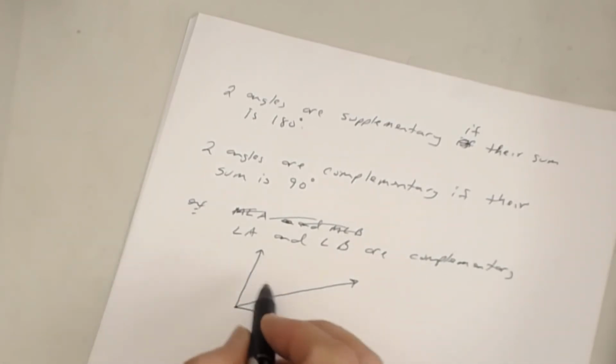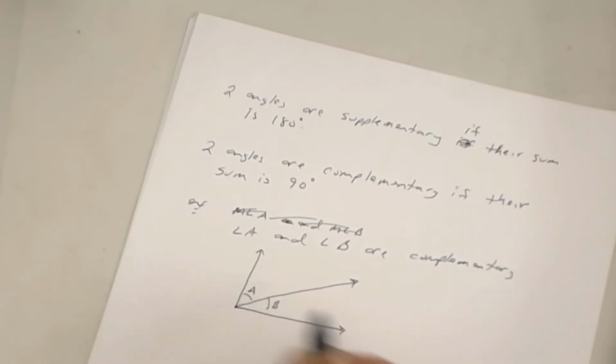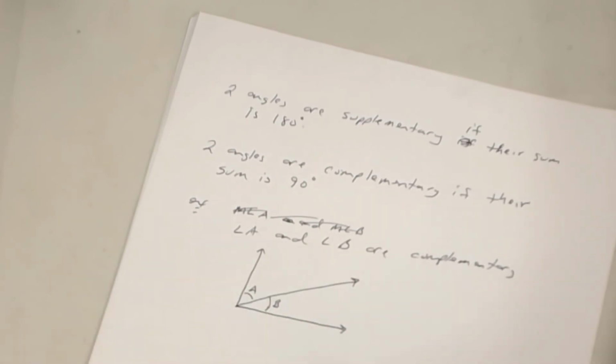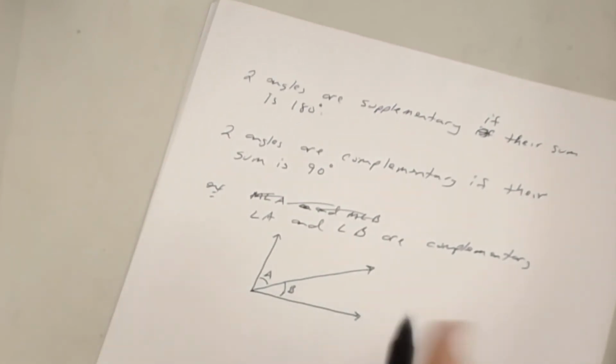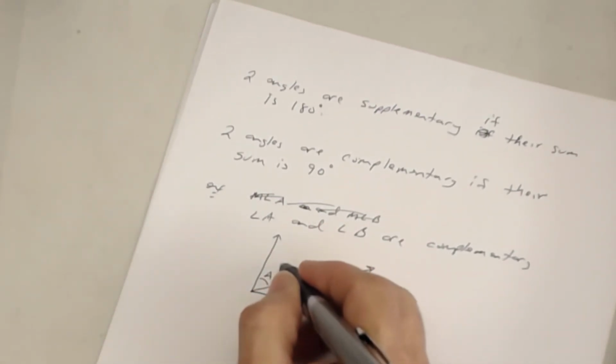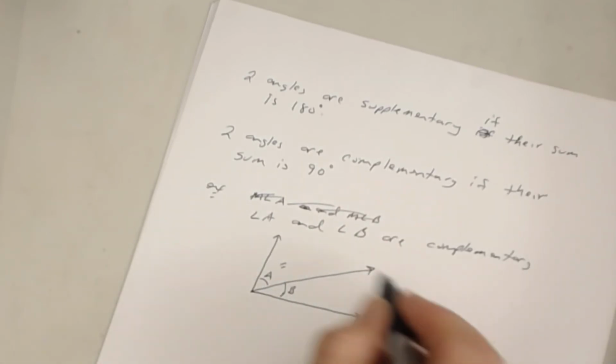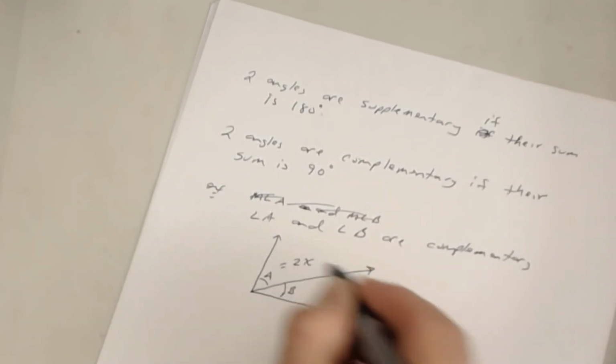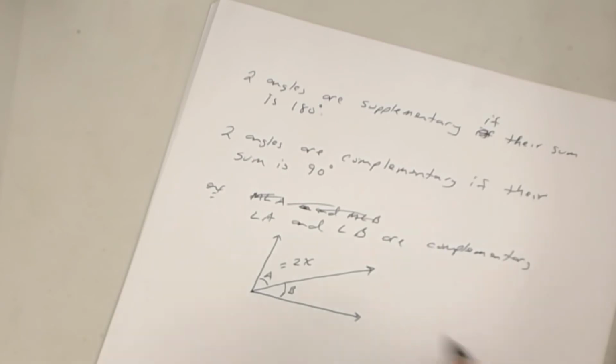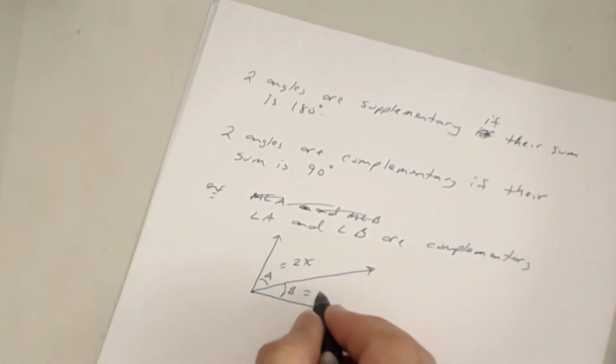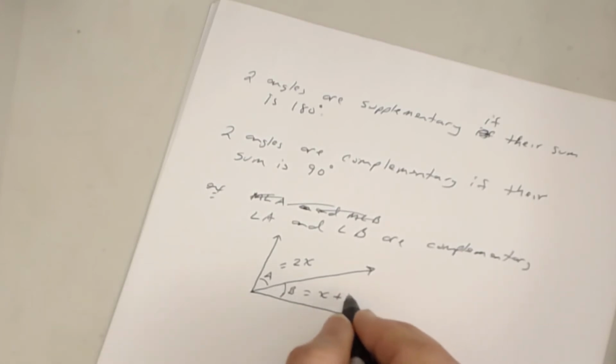Let's suppose that this right here is angle A, and this is angle B. And let's suppose you're told that angle A is represented as 2x. And angle B, I'm making this up, so I'm hoping it comes out okay. Angle B is x plus, let's say 40. We can deal with that. x plus 40.